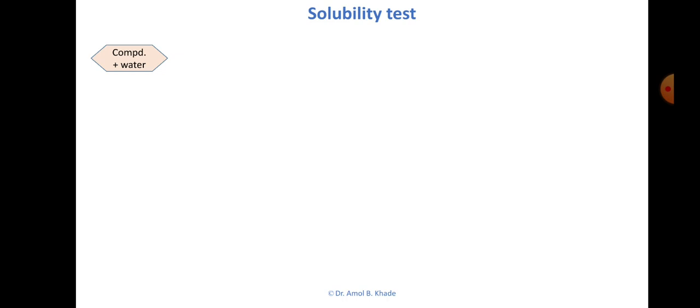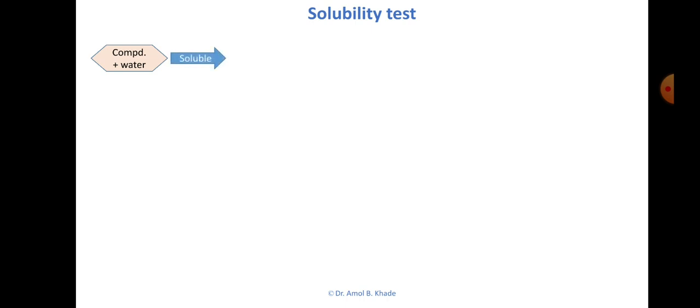This test is usually done in a test tube. You take a clean test tube and add distilled water. The amount of compound to take is approximately 0.1 gram if it is solid. If it is liquid, you can take 0.1 ml of the liquid sample. Then add distilled water, slightly shake the test tube and check the solubility.